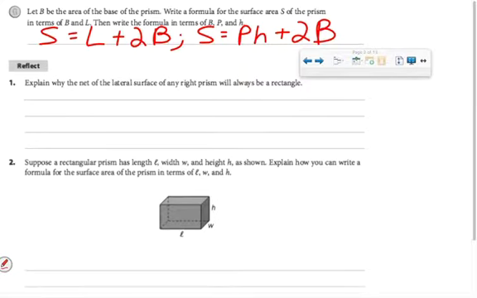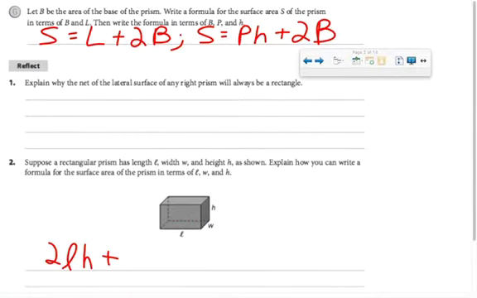In example 2, in the interest of time, I have to skip a few things. Suppose a rectangular prism has length L, width W, and height H as shown. How can we write a formula for the surface area of that prism in terms of L, W, and H? In a rectangular prism, I would have 2 faces whose dimensions are L and H, so that area would be 2LH.